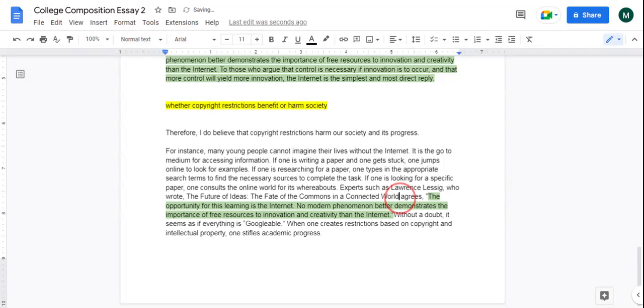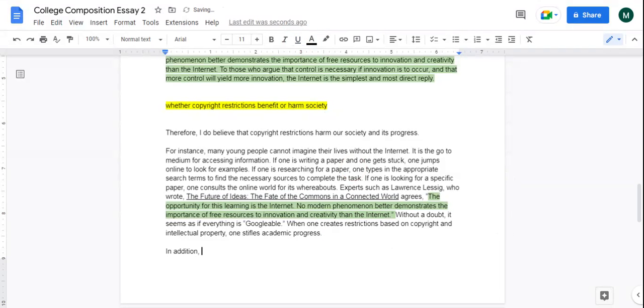Okay, and in this case, I can go ahead and underline that because it's a book. So hopefully that's good. Okay. Without a doubt, it seems as if everything is Googleable. When one creates restrictions based on copyright and intellectual property, one stifles academic progress.